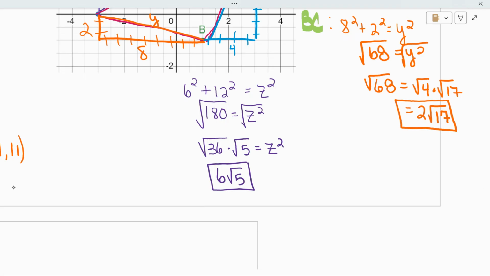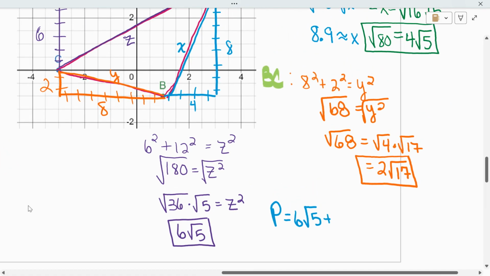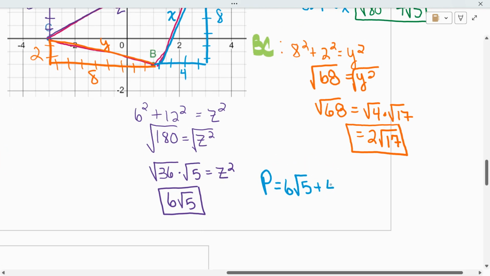Okay, so to find the perimeter, we have to add all of these measurements up. So I have 6 times the square root of 5 plus 4 times the square root of 5 plus 2 times the square root of 17.